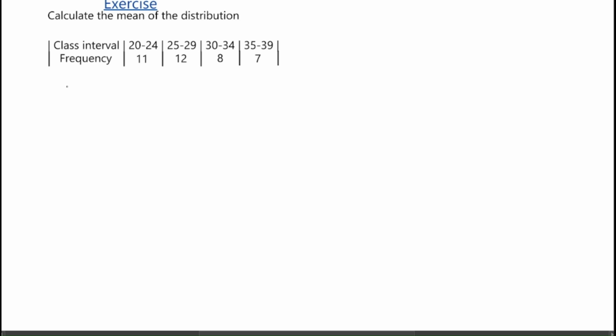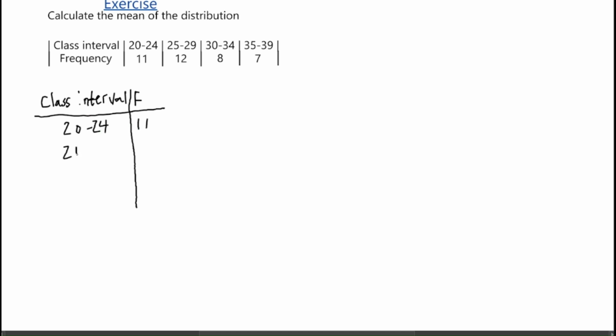Solve this problem for the sake of practice and drop your answer in the comments. But for simplicity, I recommend you rearrange before solving. That is, rearrange into columns: class interval and frequency. So we have the class interval of 20 to 24, and the frequency is 11.